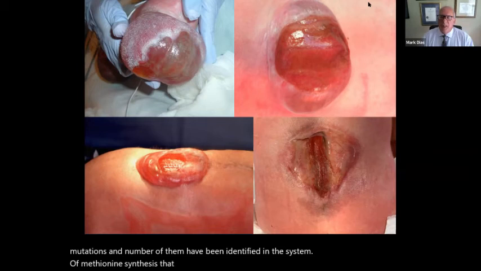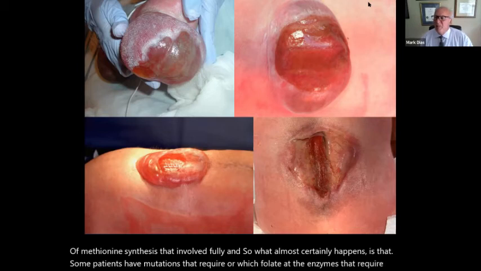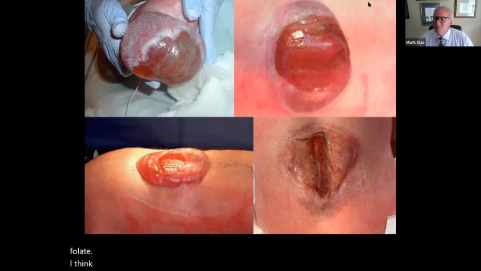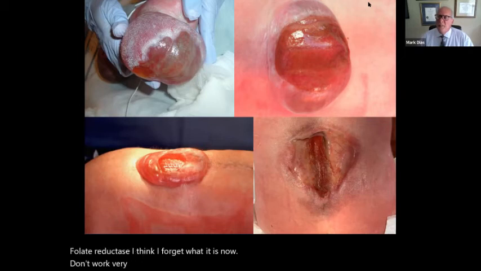And so what almost certainly happens is that some patients have mutations in which the enzymes that require folate, and I think it's tetrahydromethyl folate reductase, I think, or I forget what it is now, don't work very well. And it seems that you can overcome that by adding more folate and driving the system.